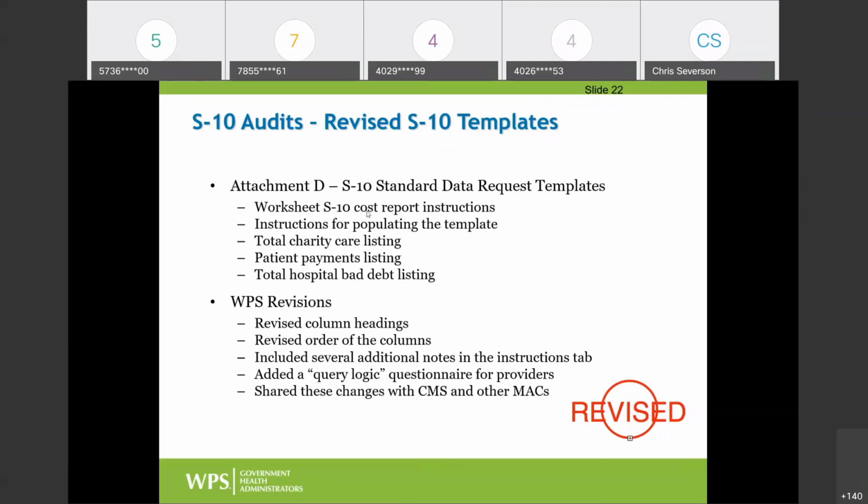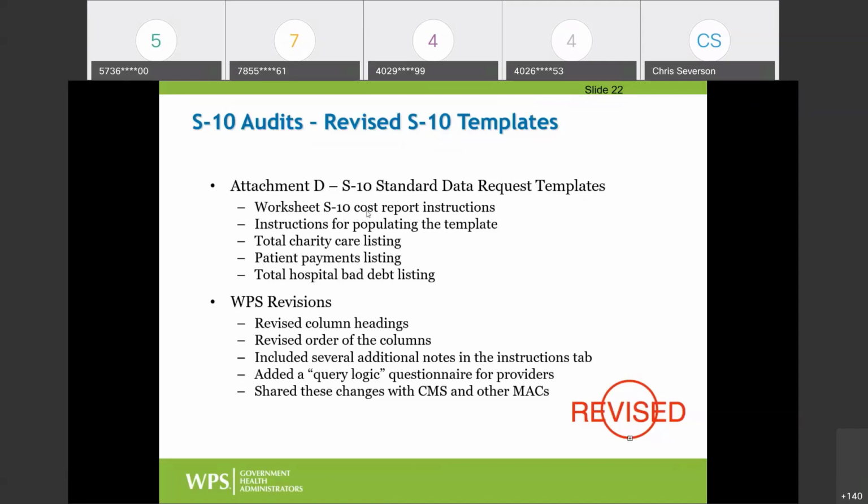How did you ensure that you only grabbed write-offs within this period? How did you ensure there were no duplicates? How did you ensure that you accounted for all the patient payments that might have come after a charity care write-off? So that's really the entire purpose of the query logic. But instead of just putting a vague statement like, hey, send us query logic, we decided to get into more detail and create this questionnaire to pinpoint certain things we're really looking for.